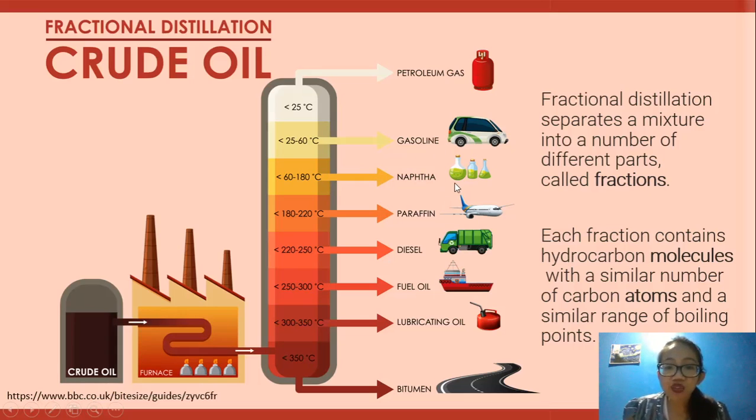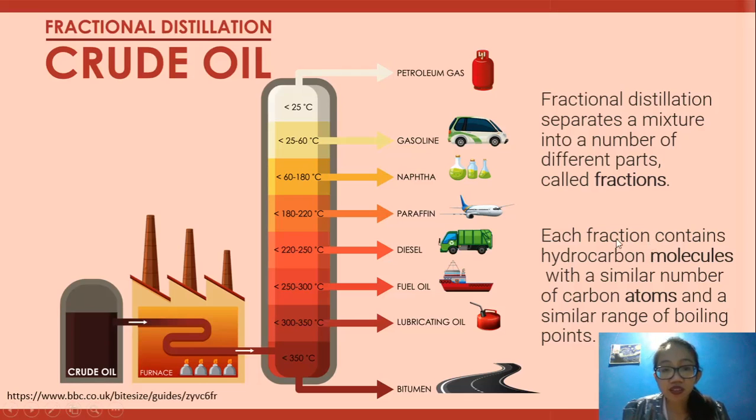Next, naphtha. Naphtha is actually common, and it's still from crude oil. Naphtha is used as a flammable material. If you're going to buy oil or gas for camping, that is actually naphtha. It's also mixed into thinners and paints.